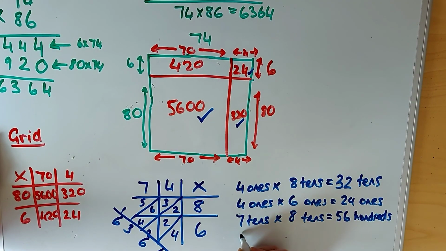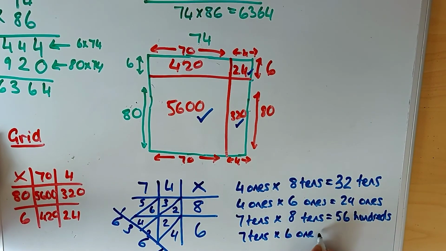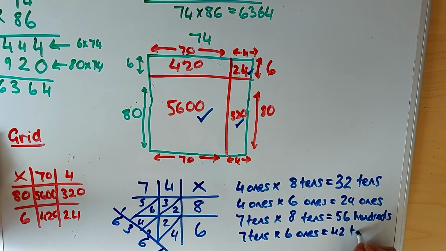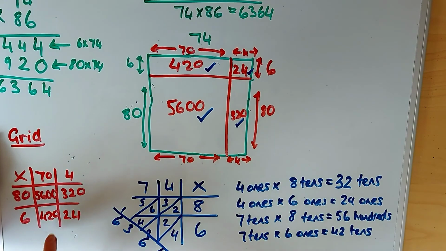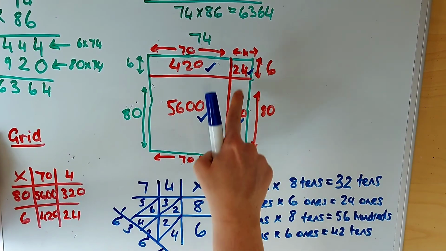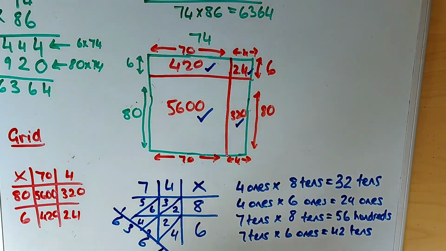And the last one, 7 10s multiplied by 6 1s is going to give me 42 10s, because 10 multiplied by 1 is just 10, which will be this part. So actually Napier's bones is very similar to the grid method because it splits them into exactly the same rectangles.